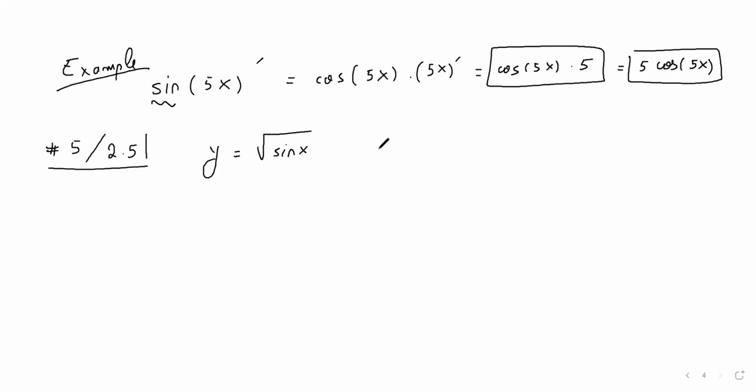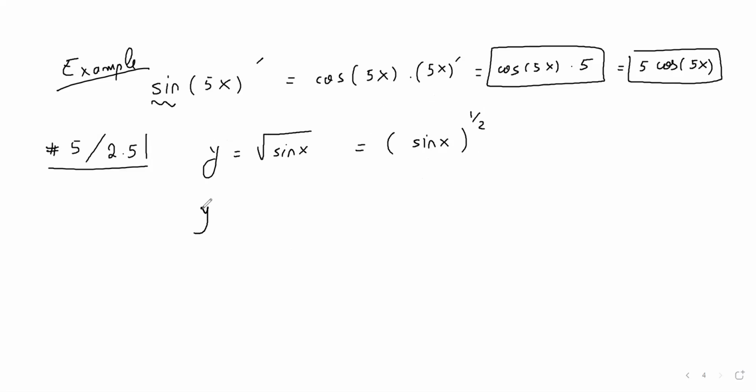And for this problem, again, I need to recognize the structure of a problem, folks. So the structure of the problem is sine x to the 1/2. So what composition do I have here? I have the 1/2 power, and then I substitute sine x in the 1/2 power.